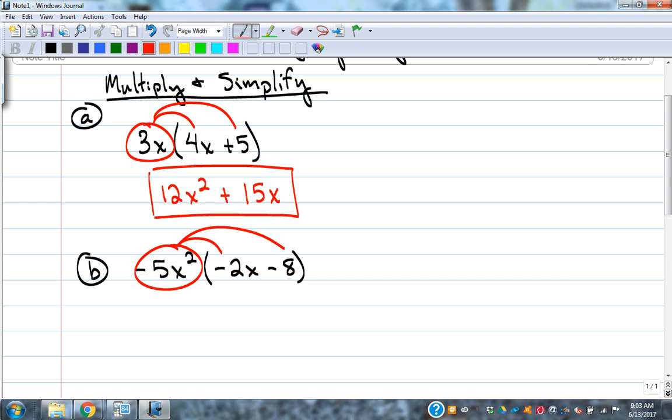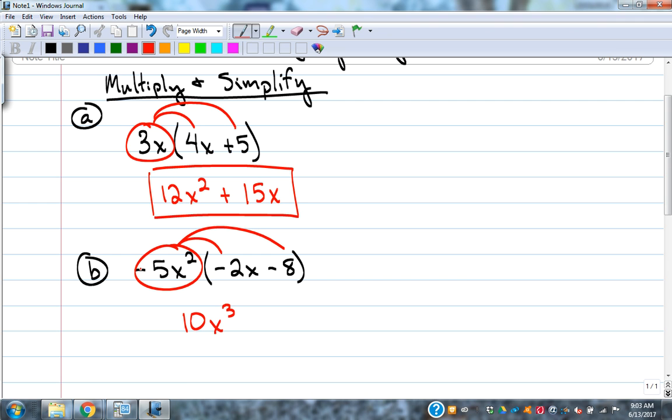So we're multiplying negatives, negative 5 times negative 2 turns into positive 10. x squared times x would be x to the what? To the third. That's right. There's 3 x's there, so that's x to the third.